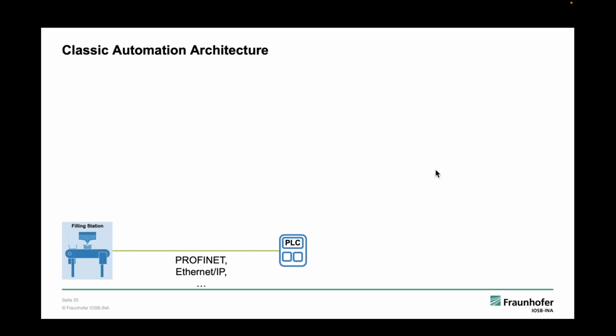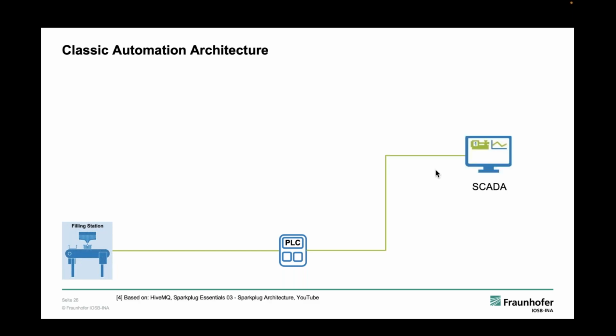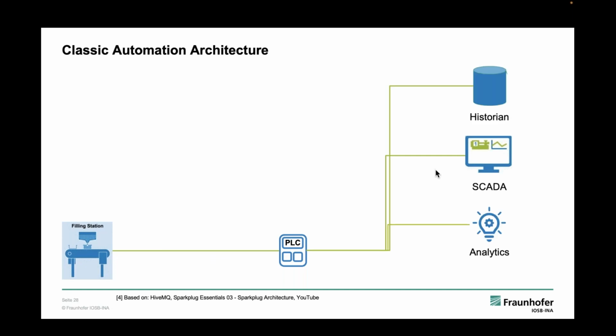So classic automation, of course, requires deterministic and robust real-time communication, where we see real-time systems for good reasons like Profinet, Ethernet IP, and so on, especially between PLCs, components that should be controlled, and so on. And then we moved in the past and also still today from the PLC to different systems like a SCADA system, like a historian, like an analytics system.